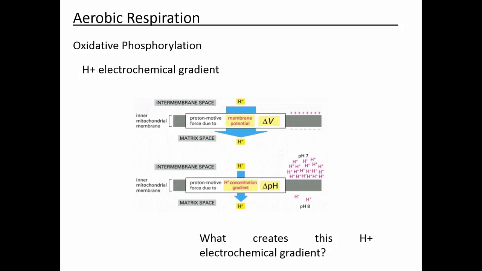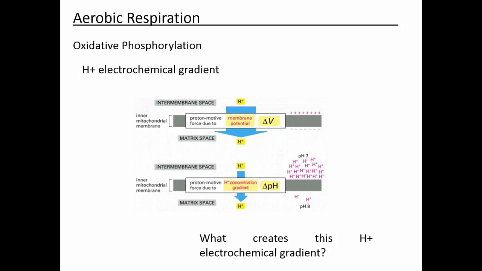So what they're showing you here is the inner membrane of the mitochondria, and this picture is trying to describe both the membrane potential and the concentration gradient and the direction of movement in terms of what it favors. Basically the important thing for this class is that you create a concentration gradient where you have a higher concentration of hydrogen ions in the intermembrane space relative to the matrix.